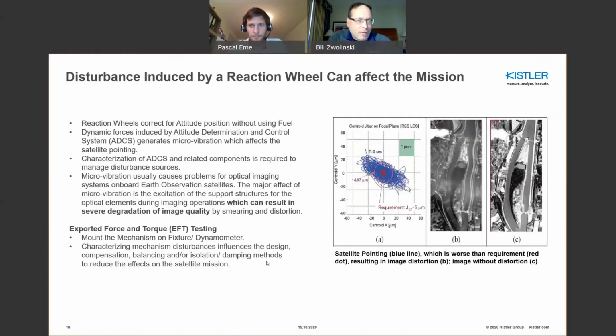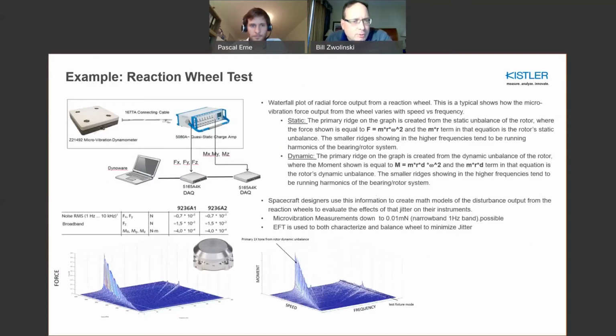And obviously, there's a balancing requirement too with these types of mechanisms. So, in terms of what this might look like, you have a typical setup in the left-hand corner. What researchers do in this field is look at static and dynamic imbalance.